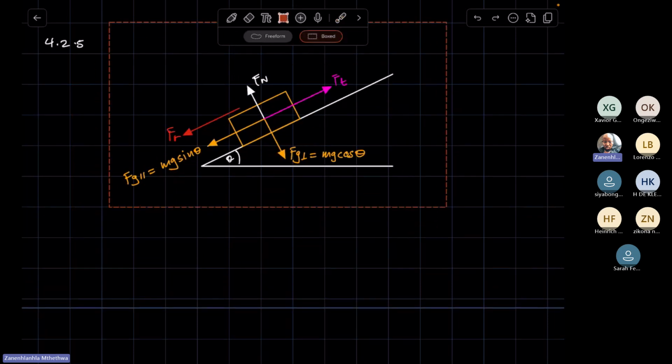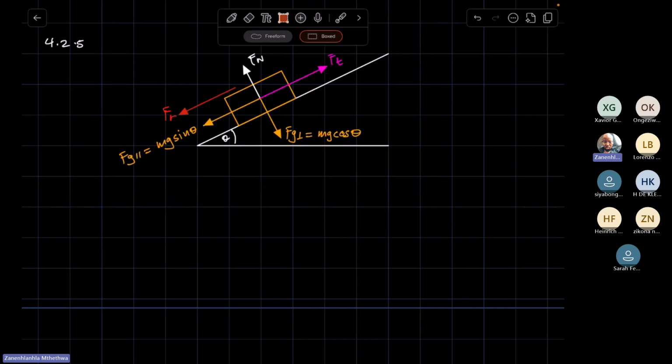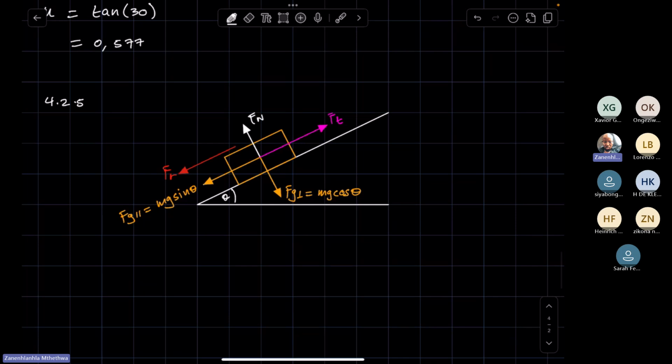Looking at our free body diagram, bearing in mind that the object is moving at constant velocity, using the sum of the x and sum of the y, so conditions of equilibrium. Right.